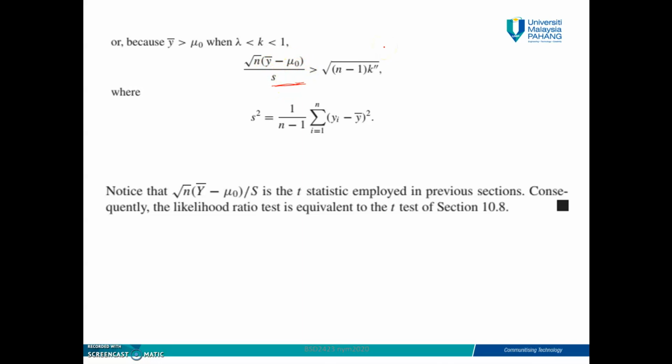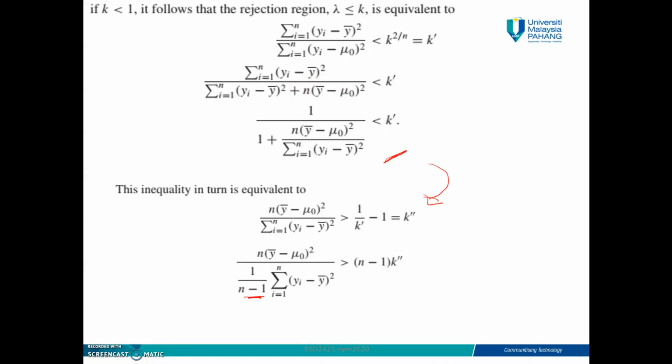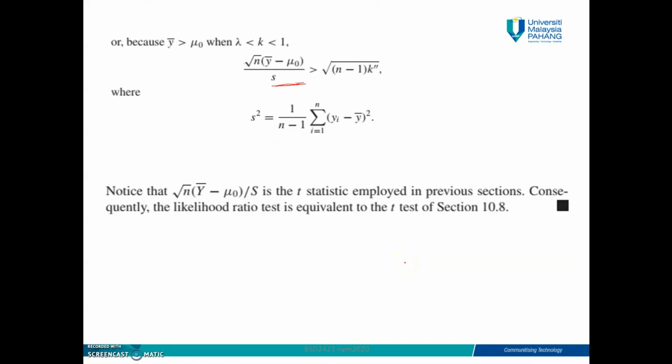There are many steps skipped here, but you can try from here to here, and from here to here. The s squared, if you square it, becomes this one, so basically it will be the square root of this.